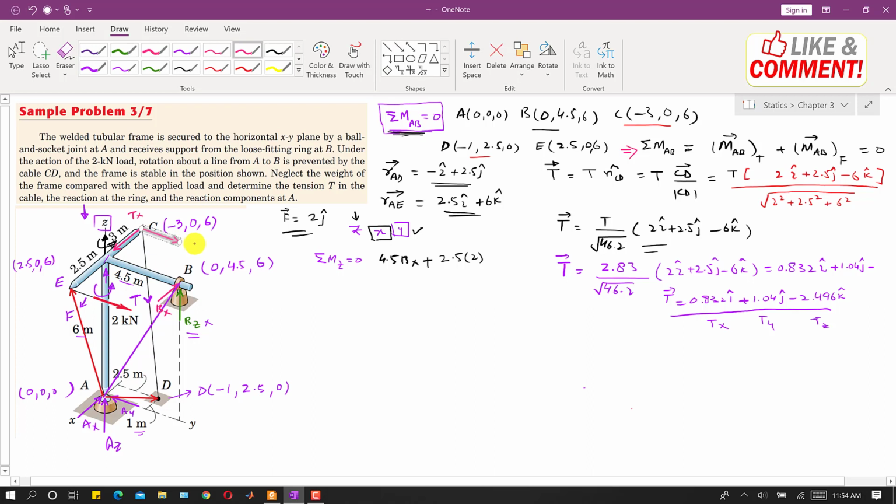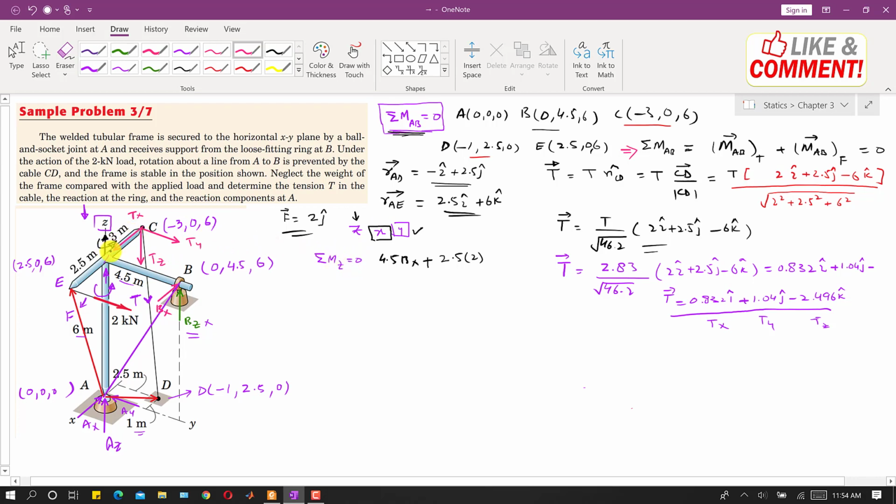So this is Ty, remember, and there will be Tz, and Tz is in the negative Z direction. So I will draw it like this, exactly vertically downward. So this is Tz.